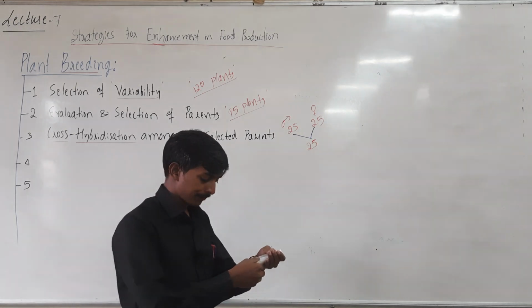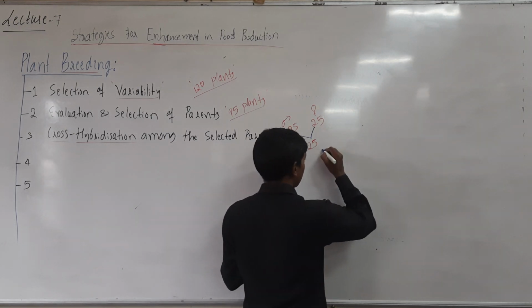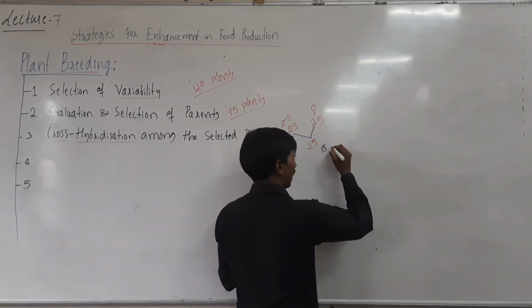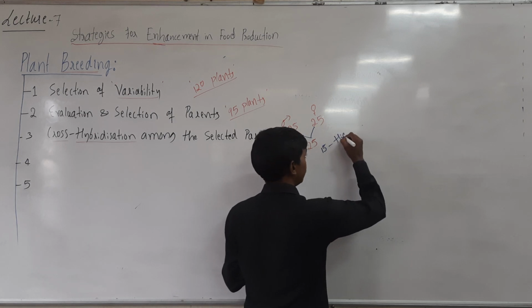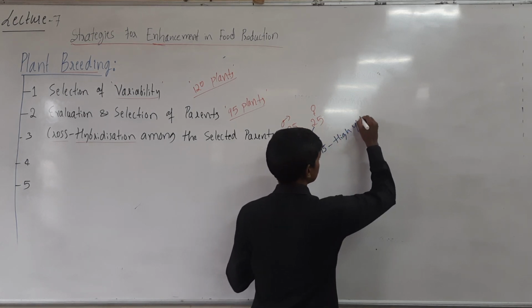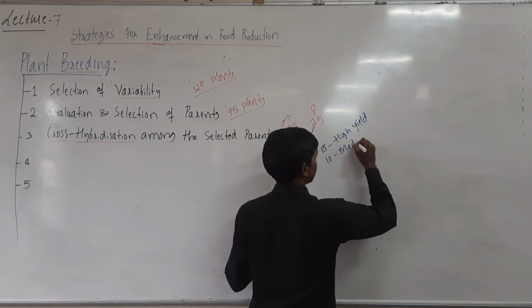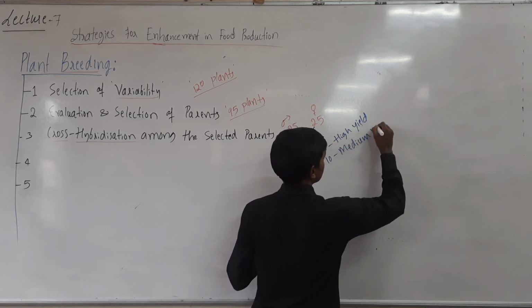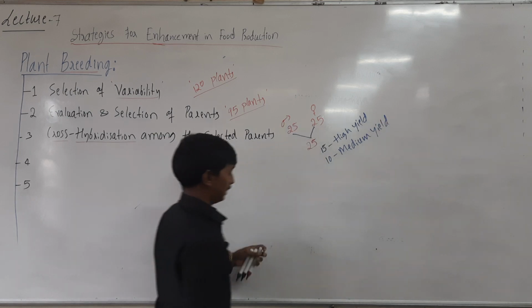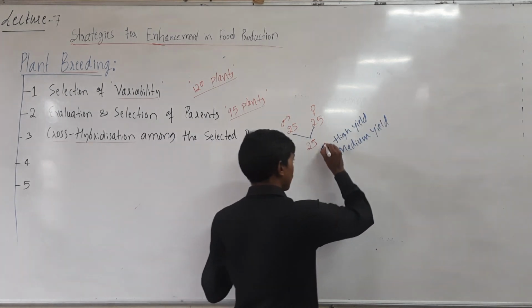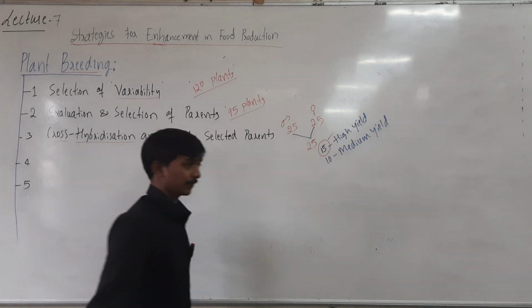Among 25, about 15 were having a high yield, about 10 were having medium yield. So, these are found to be superior.